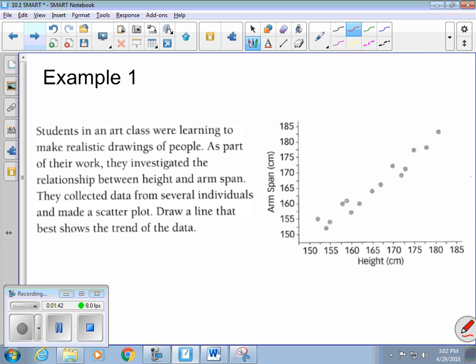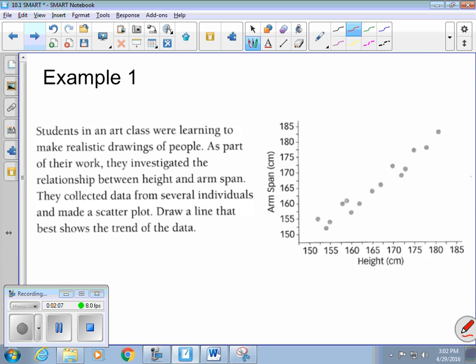The thing about the line of best fit is we want it to kind of blend in with the points. We want it to show what the majority of the points are doing. As I look at this, the points are going up and to the right. So if I were to draw a line going down and to the right, that is not what my data is doing.